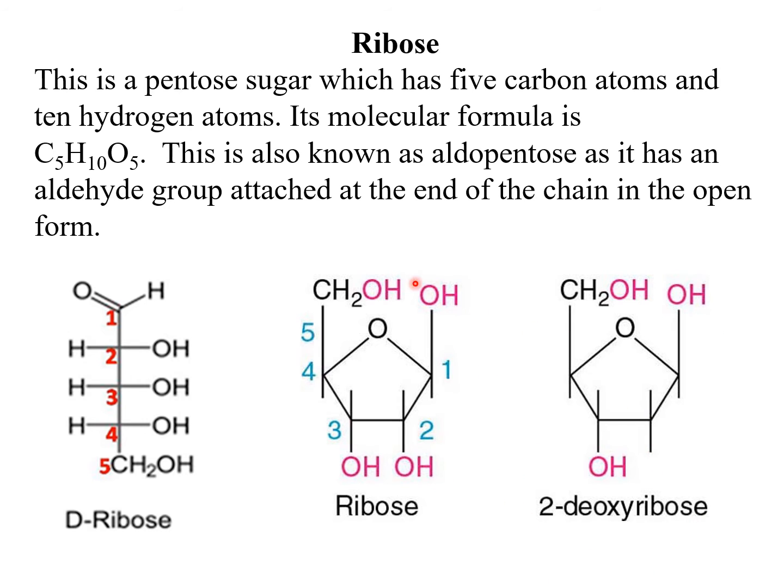So ribose is present in RNA. There are some other differences between DNA and RNA, but in the case of the sugars, normal ribose is present in RNA, and deoxyribose is present in DNA. Clear?